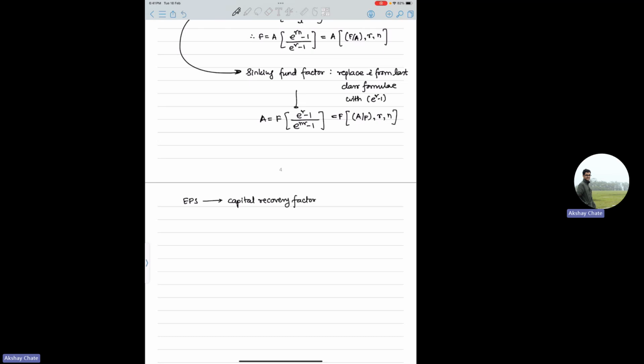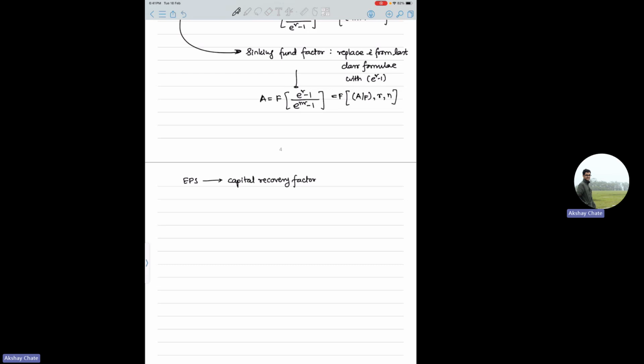Okay, so here basically, one second. Yes, it is between A and P. Okay, so same thing, you have to replace i with e power r minus 1, and if you do that, you should get A equal to P. There is one term 1 plus i power n, so that will become e power nr, and in the bracket you will have i, so that will be e power r minus 1 divided by 1 plus i power n minus 1, so that will be e power rn minus 1.